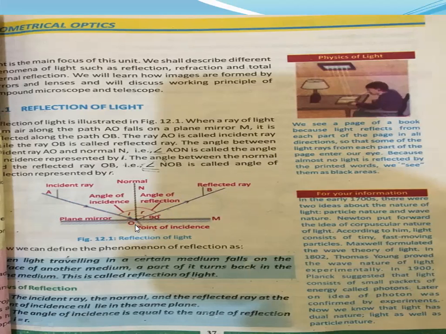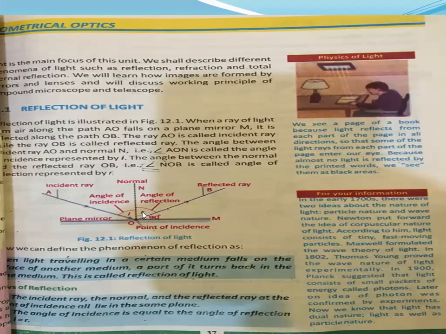The angle between the incident ray AO and the normal N is called the incident angle. When the ray of light after striking goes back to the same medium, the angle between the reflected ray and the normal is called the angle of reflection.